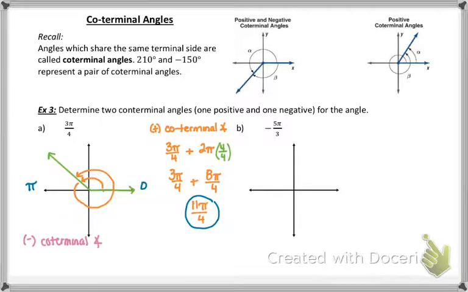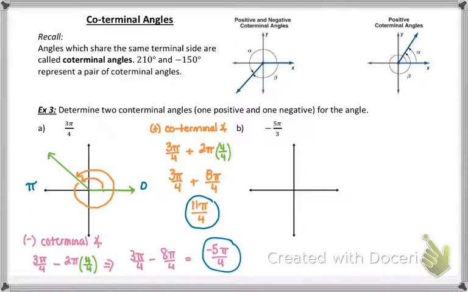So start at 3 pi over 4, and I'm going to subtract, instead of 360, because now in radians, we're going to subtract 2 pi. And again, in order to add and subtract fractions, we need a common denominator. So that's going to be 3 pi over 4 minus 8 pi over 4. That's going to give me negative 5 pi over 4. And here is a negative coterminal angle that shares the same terminal side as my initial angle.